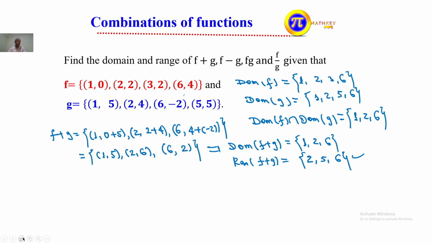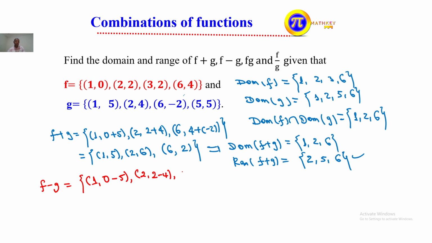Similarly, we can find the domain and range of their difference. First, we'll try to find their difference, f minus g. We take the difference now, which is equal to 1. With the same domain, what was addition becomes subtraction: 0 minus 5. Similarly, for the second one, 2 with 2 minus 4.